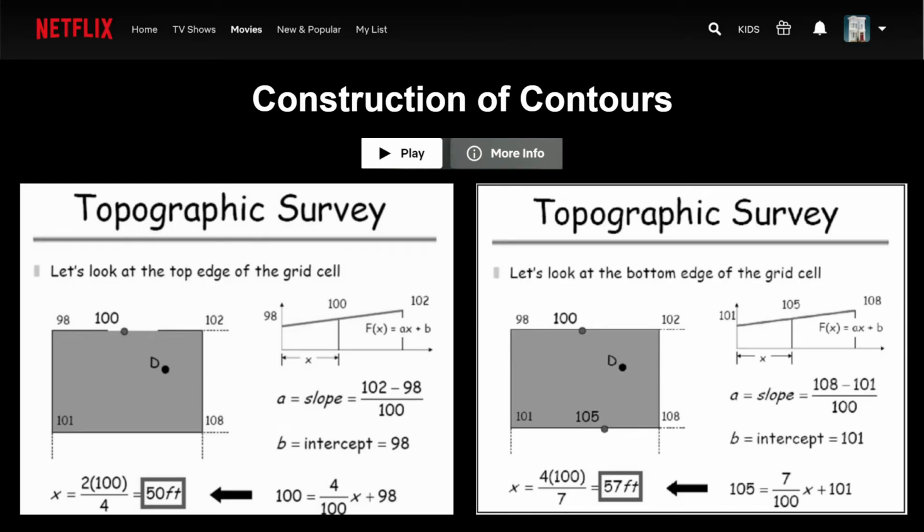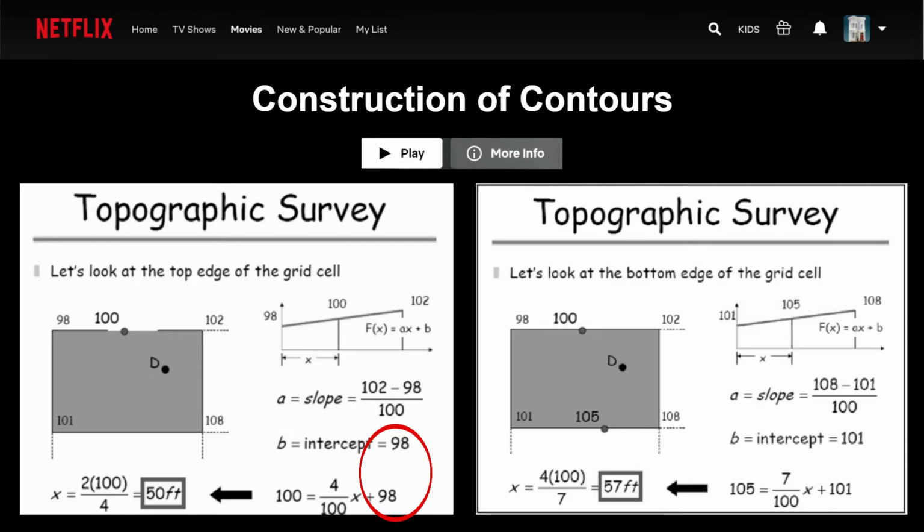To find the slope, we take 102, the top right corner, minus 98, the top leftmost corner, and divide it by the 100 feet east, which gives a slope of 4 over 100. For the intercept, we will use 98, which is the top leftmost part of the grid.